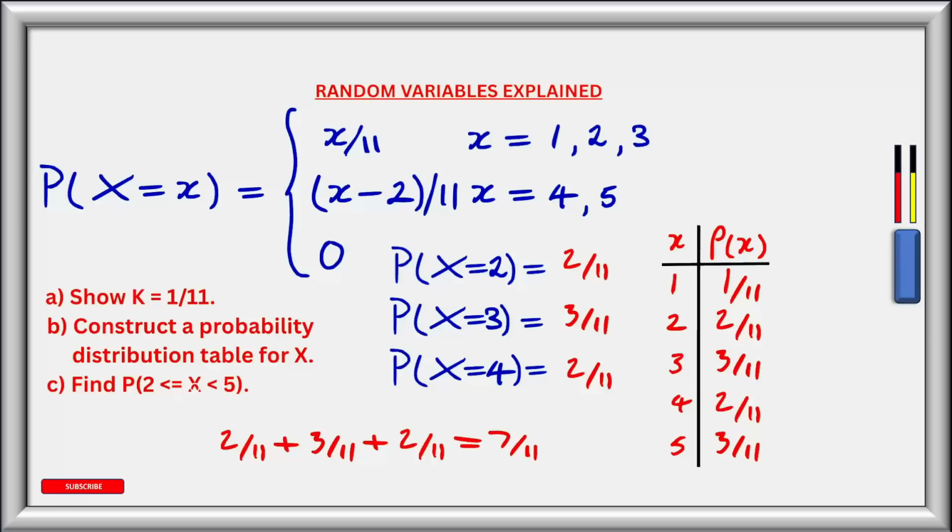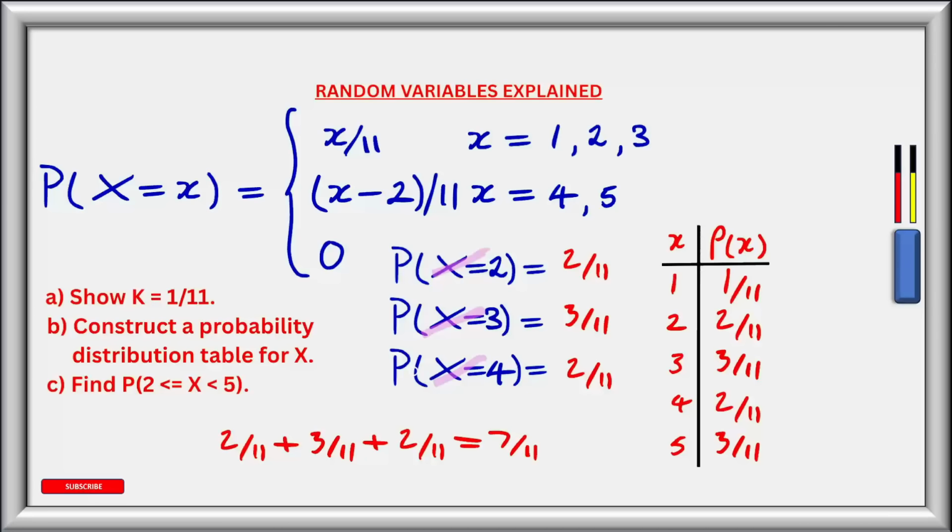And for part C of the question, we're asked to find the probability when x is greater than or equal to 2 and x is less than 5. Now for this one, we need to be careful of the inequalities. X strictly less than 5 means x cannot equal 5. So we want the probability when x equals 2, when x equals 3, and when x equals 4.